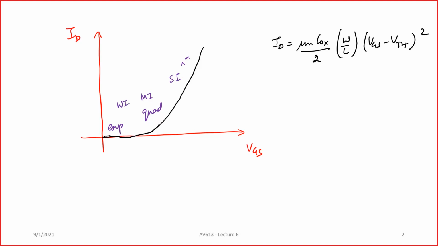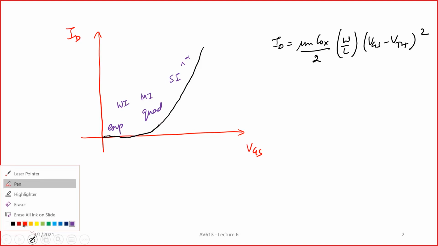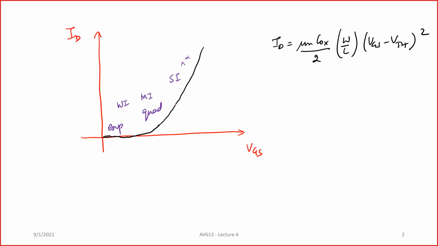Here, if you see, this ID-VGS characteristic is a highly nonlinear characteristic. It is not by any means linear. But if you take a fixed bias point, let's say this is V naught, and then you give a small sinusoidal signal, let's say this is your time axis, and let's say it is a 1 millivolt sinusoidal signal.